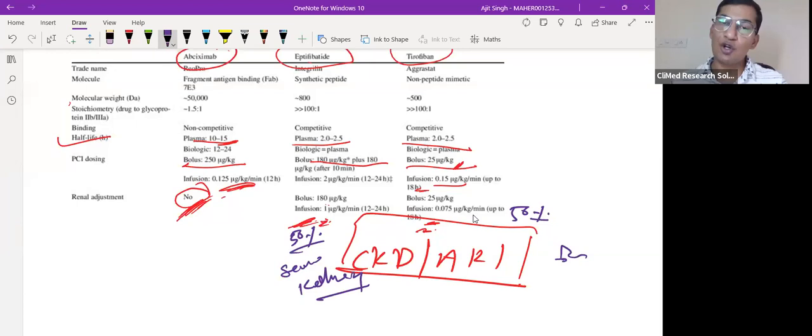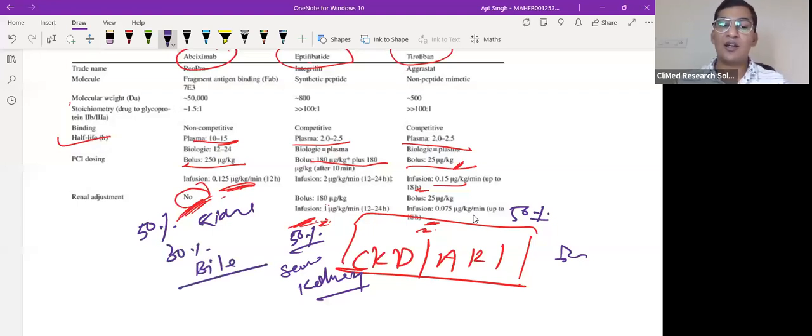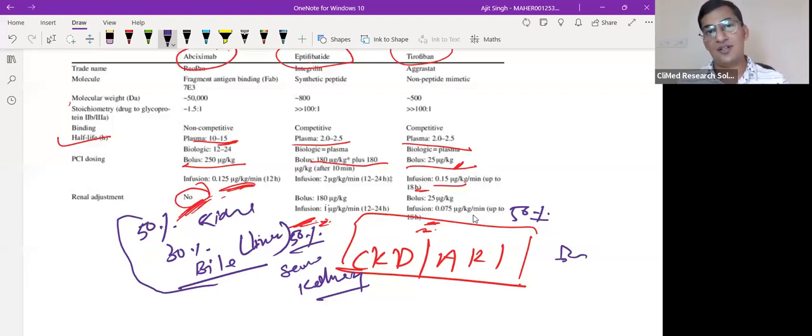These drugs cause kidney toxicity. But with abciximab, 50% is secreted by the kidney and 30% is secreted in the bile, meaning from the liver. That is the advantage with abciximab, and that's why in cases of CKD and AKI, we prefer abciximab over eptifibatide and tirofiban.